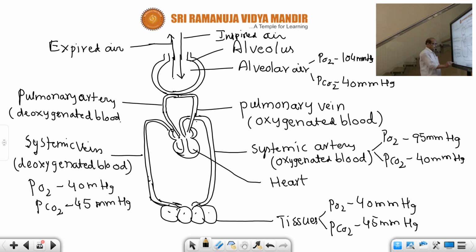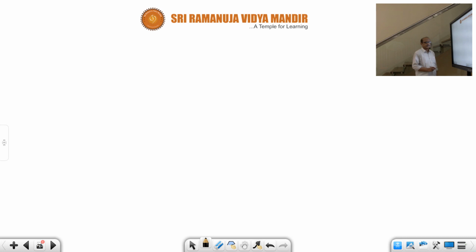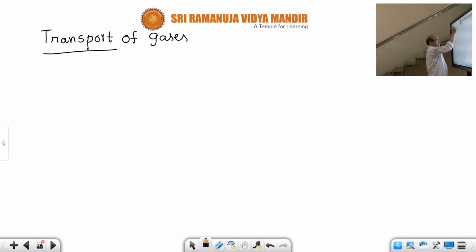Let us pass on to the next page. Transport of gases. This is a very important chapter, a very important event in the respiratory system. Transport of gases, that is O2 and CO2.